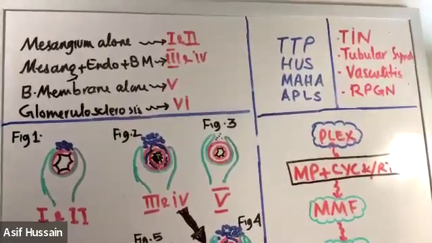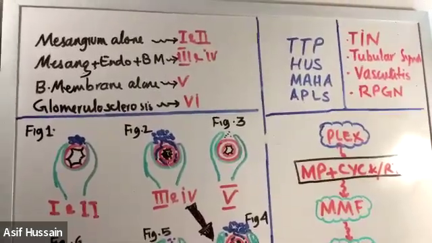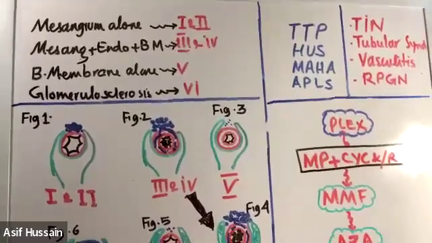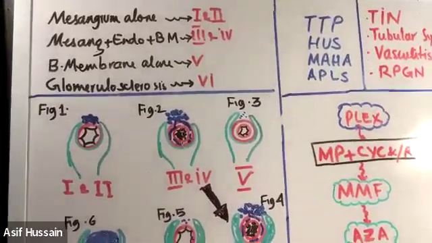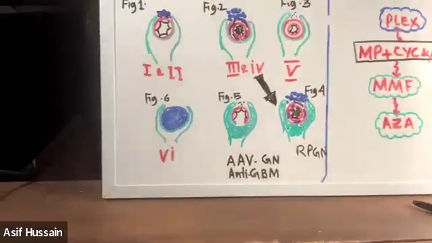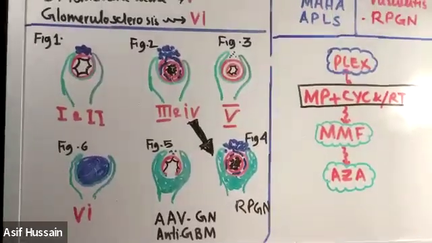Then non-glomerular diseases such as tubular interstitial nephritis, tubular dysfunction, various tubular syndromes, renal vasculitis, and rapidly progressive glomerulonephritis.